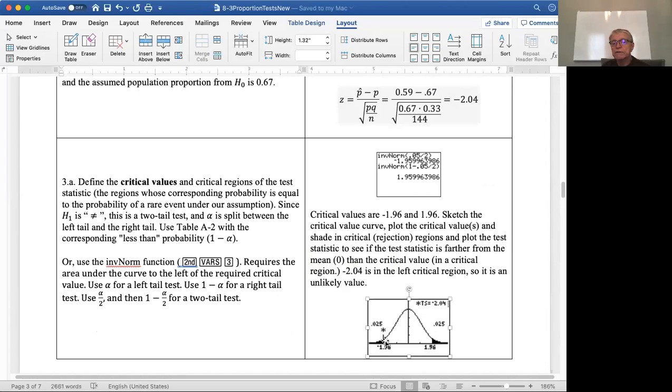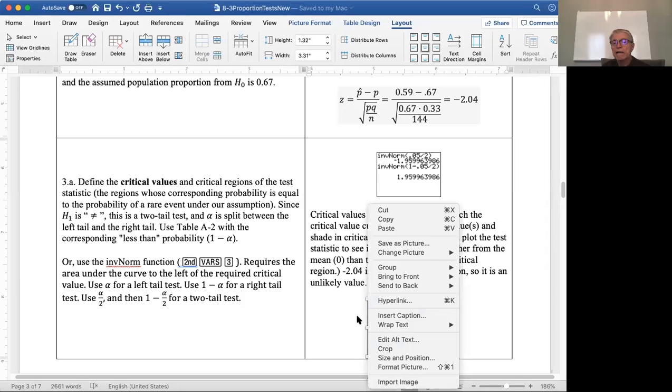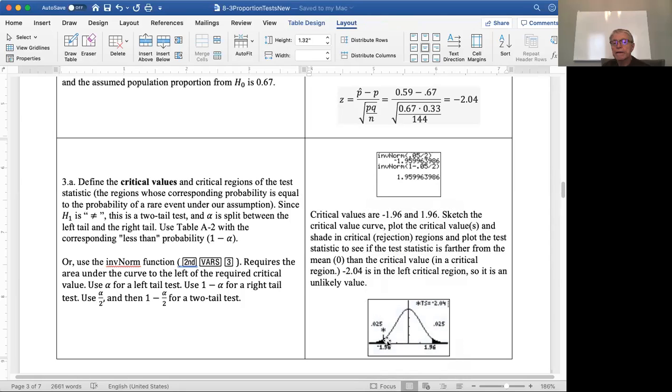It falls to the left of the left critical value. Therefore, it's going to be an unlikely test statistic value.